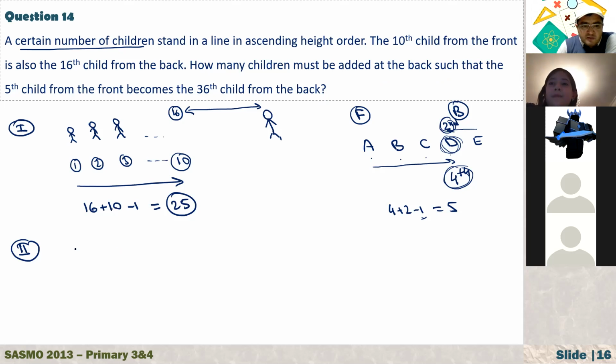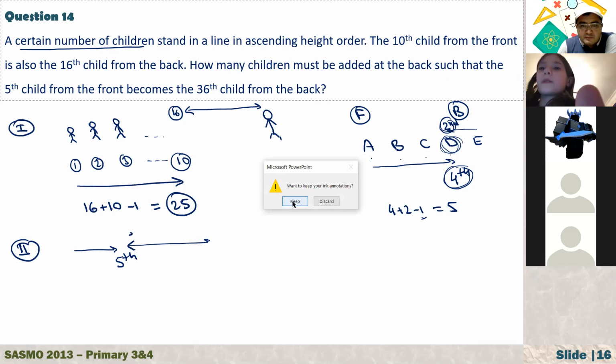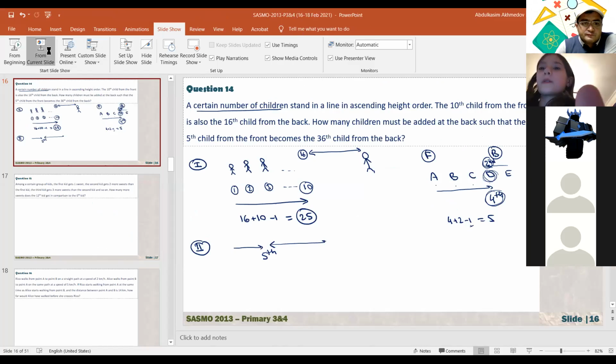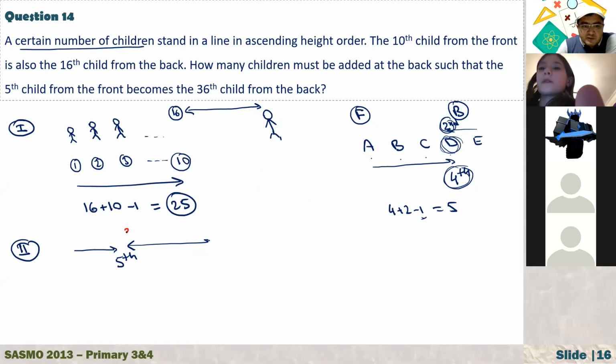So that means when we count from front to the back, this one is fifth, and when you count from back to the front, this guy is 36. So now again, how many children do we have here? 36 plus 5 minus 1, that's equal to 40.